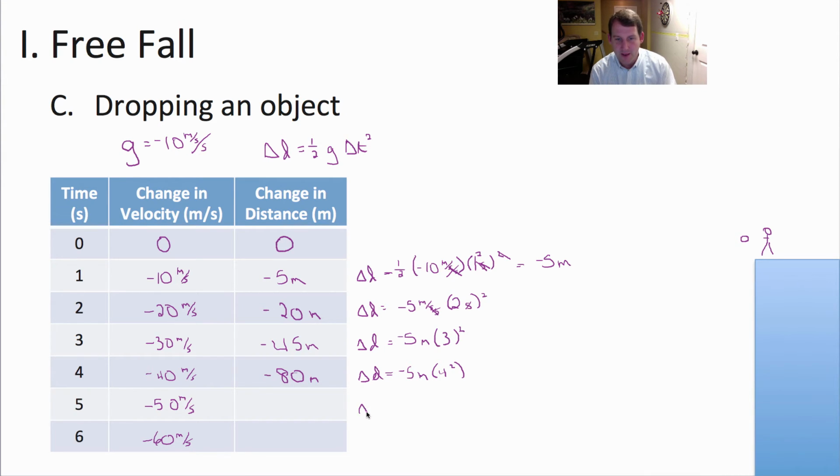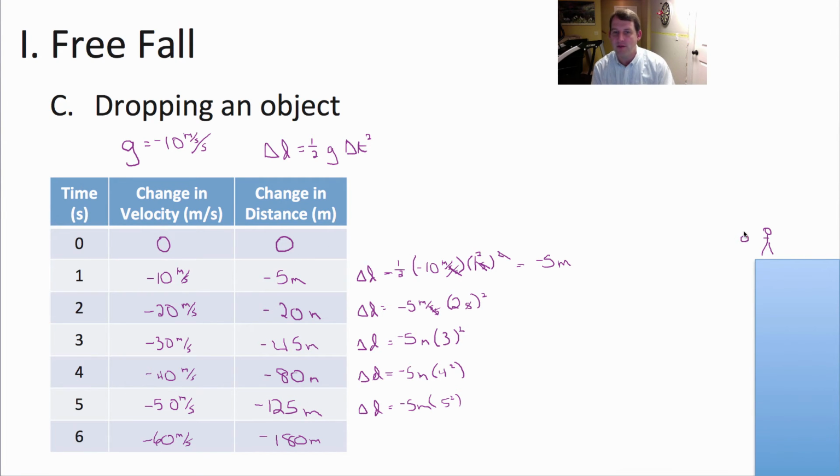And delta d is negative 5 meters times 5 squared, which is negative 125. And if you do the same math, you get negative 180 meters. So this is how much distance we've lost.